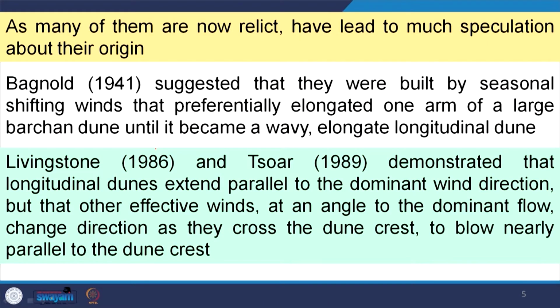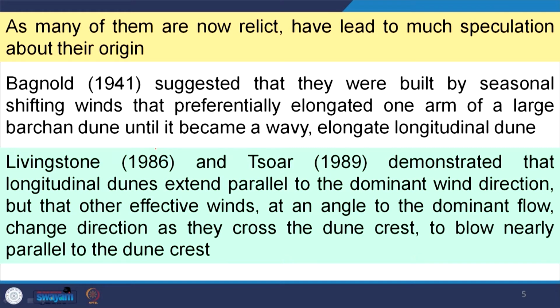Bagnold in 1941 suggested that they were built by seasonal shifting of winds that preferentially elongated one arm of a large Barkhan dune until it became a wavy elongated longitudinal dune. What a Barkhan dune is, we will talk about after a few minutes.